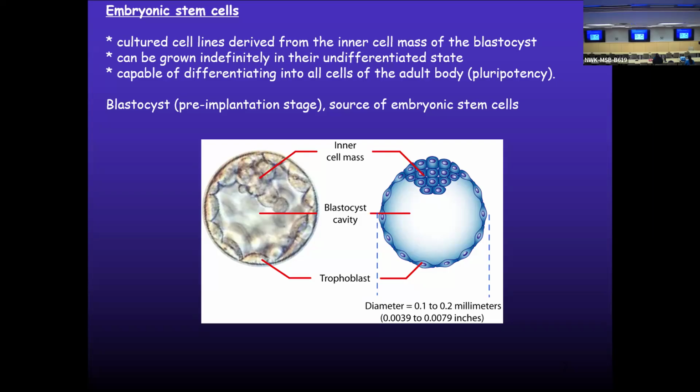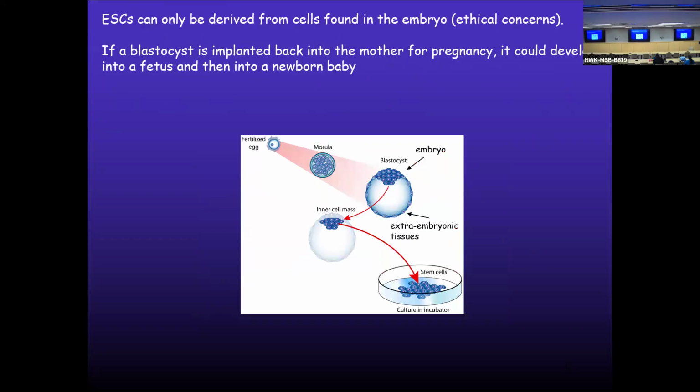Embryonic stem cells, pluripotency. All right, they are capable of differentiating into all cells of the adult body, pluripotency. The source of embryonic stem cells is the inner cell mass of the blastocyst, okay? The ESCs can only be derived from cells found in the embryo.